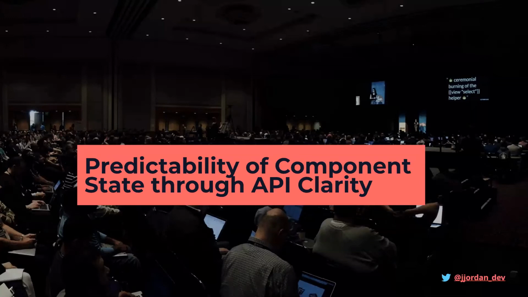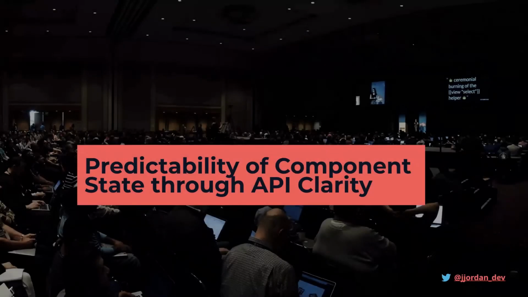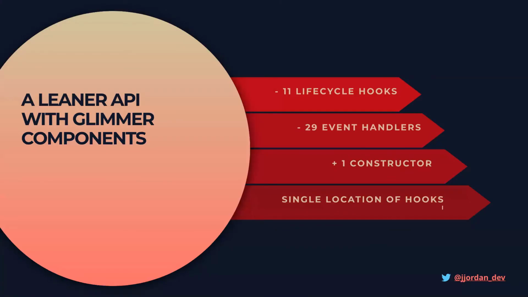And looking at how we can be more understanding about what's happening in the application is also something that comes to mind in regards to APIs and how clear they are to us. And in regards to components, we also have a lot of great benefits from using Ember Octane, for example, the possibility to benefit from a much leaner component API.